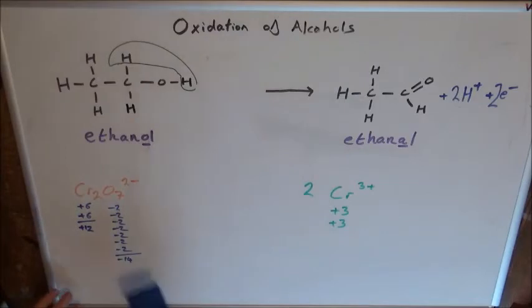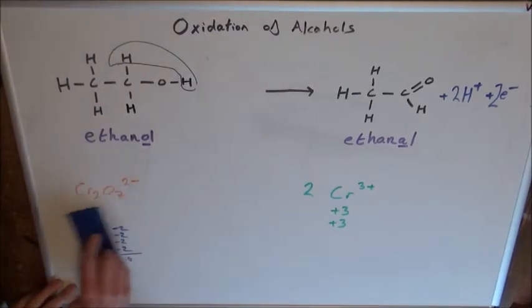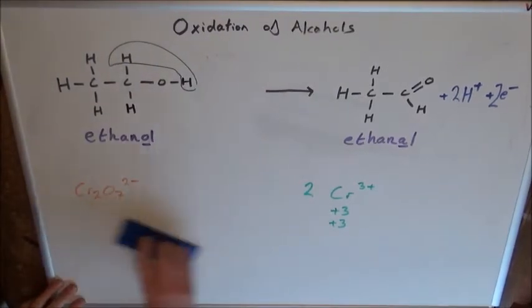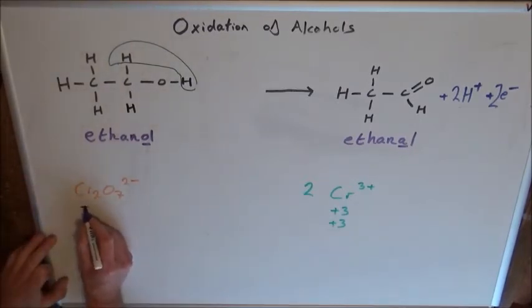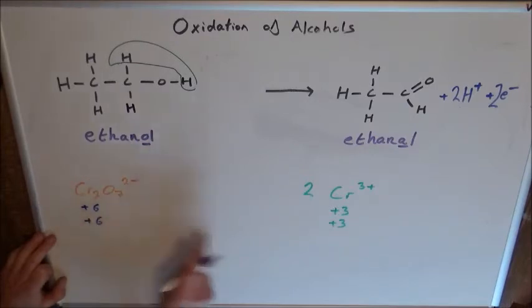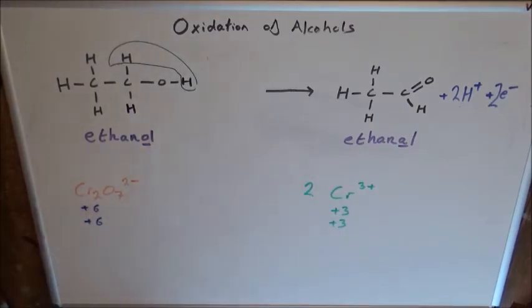Okay, so I'm just going to write only the chromiums, because the oxygens are not going to change oxidation state in this reaction. So we've got chromium going from plus 6 to plus 3. That is a reduction reaction.